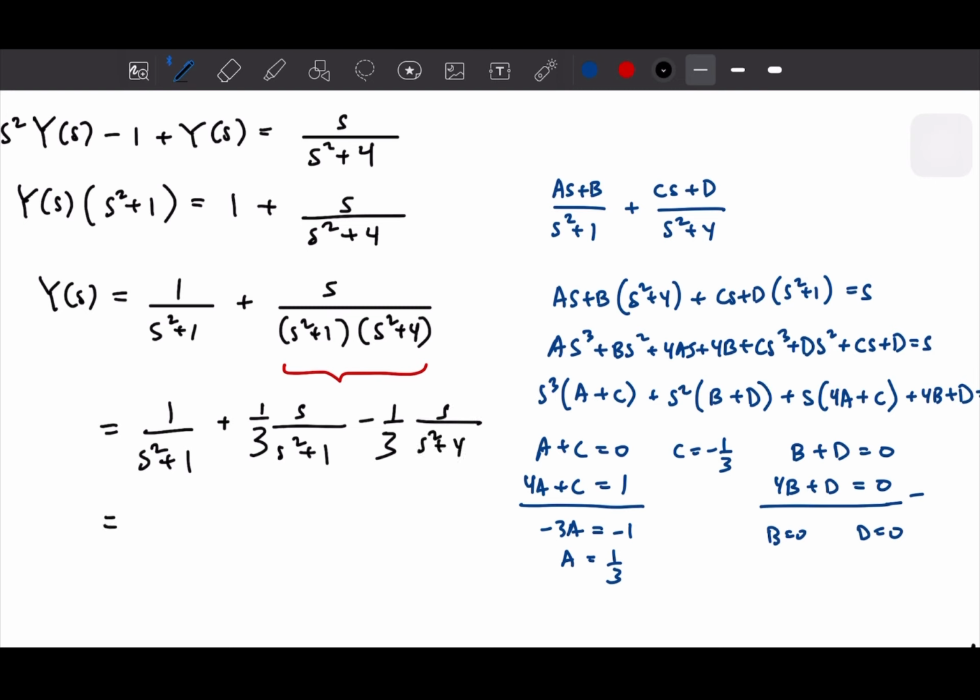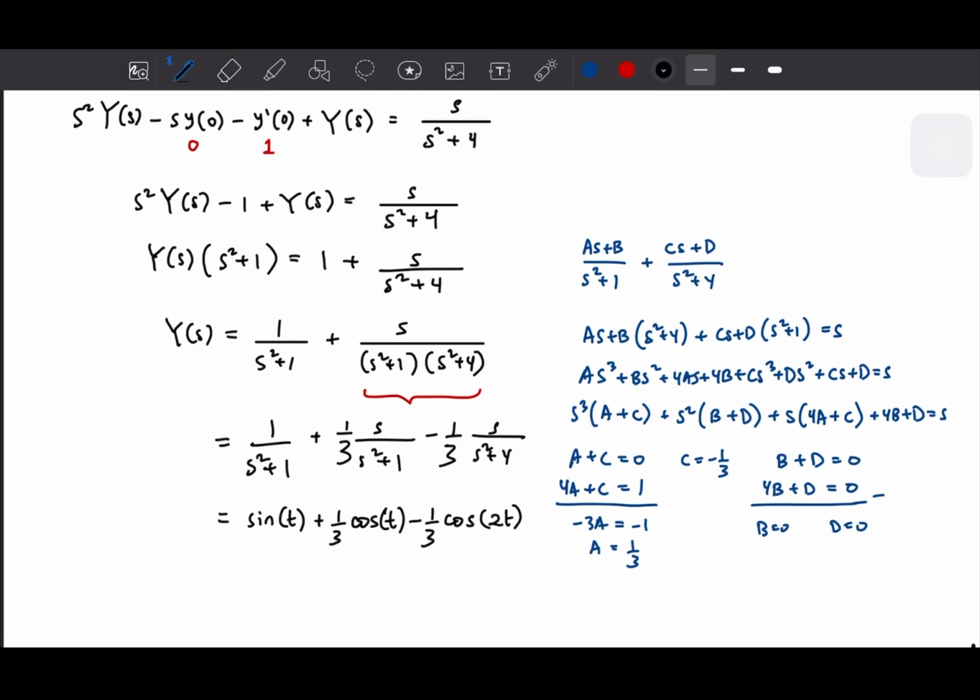This will result in sine t, plus 1 over 3 cosine t, minus 1 over 3 cosine 2t. Okay, that's a good example.